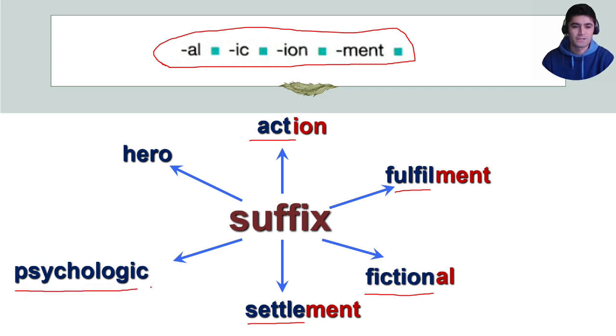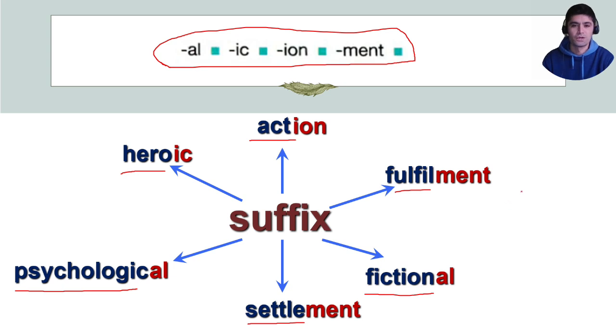Psychologic is an adjective, and we add the suffix to the word psychologic, and it's still considered to be an adjective, psychological. Next word is hero. For the word hero, we normally use the suffix, and it becomes heroic. Hero is a noun, and heroic is an adjective.